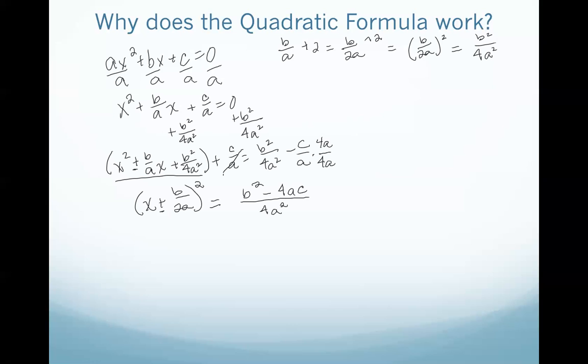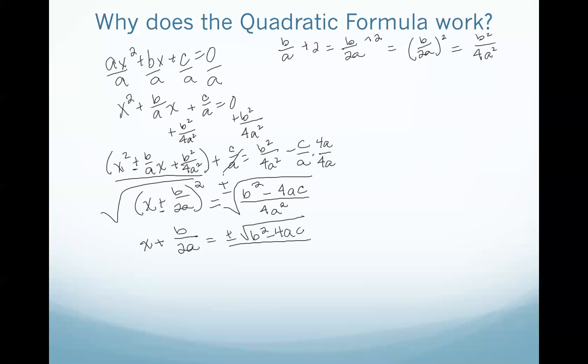Now this should start looking familiar. I'm going to go ahead and apply the square root property. Take the square root of both sides only if I put a plus or minus here. So this becomes x plus b over 2a equals plus or minus, I can't simplify the numerator, b squared minus 4ac, but I can simplify the denominator.